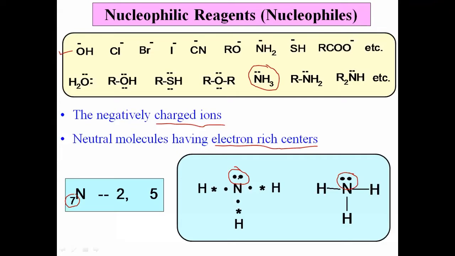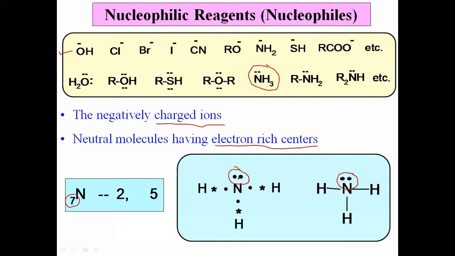Similarly, all nitrogen containing compounds like primary amine, secondary amine, tertiary amine have one lone pair of electrons, while sulfur and oxygen containing compounds have two lone pairs of electrons. I am not explaining all the examples; just for your understanding, I have explained one simple example of ammonia, how it has a lone pair of electrons, a non-bonded electron pair.